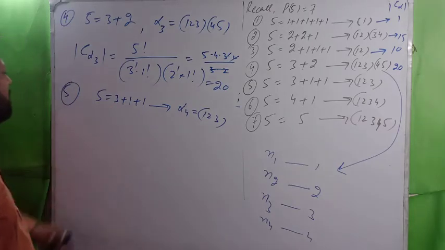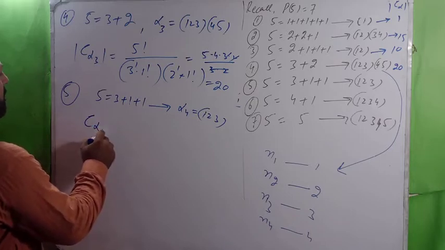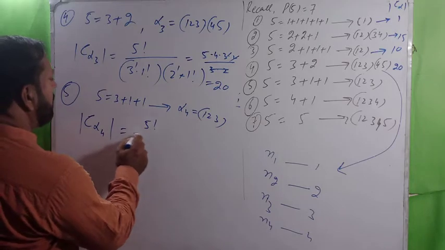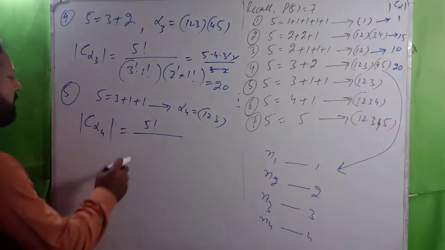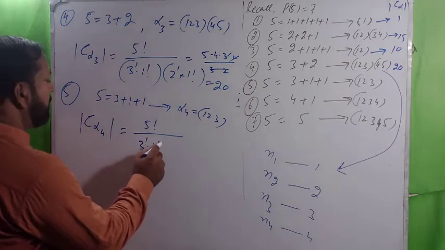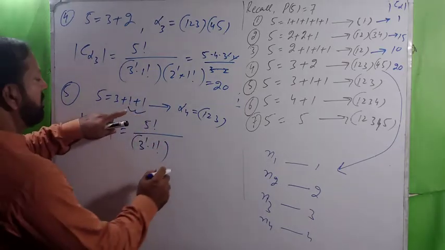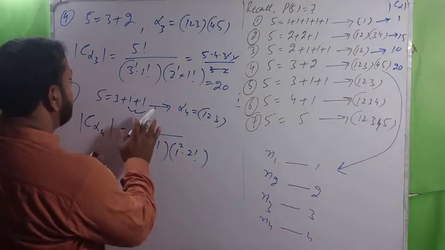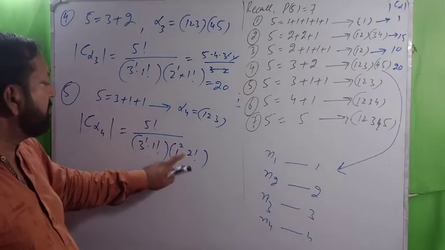Okay, so the size of the conjugacy class C alpha 4 is 5 factorial over 3 power 1 into 1 factorial, now these are 2, so 1 power 2 into 2 factorial, right? When k is equal to 1, then you have 1 power 2 into 2 factorial.